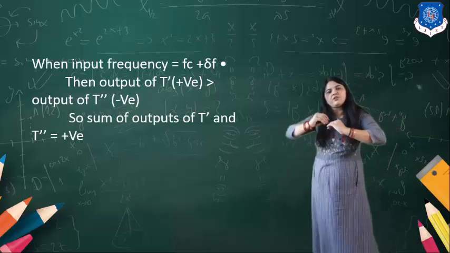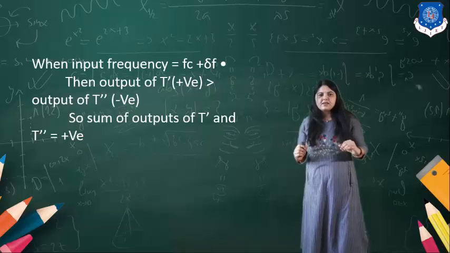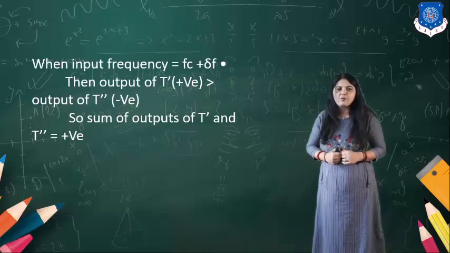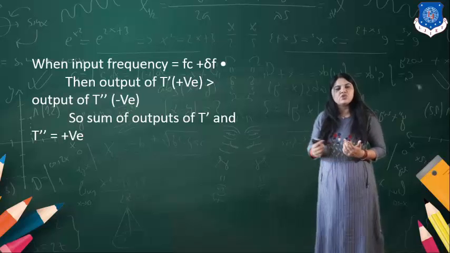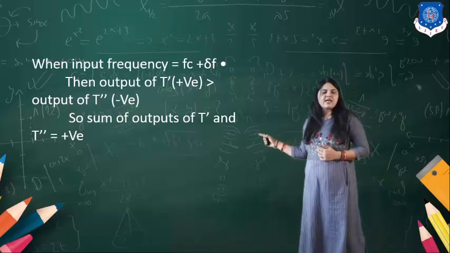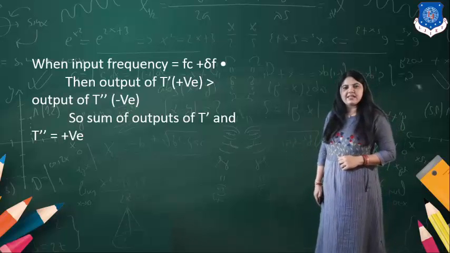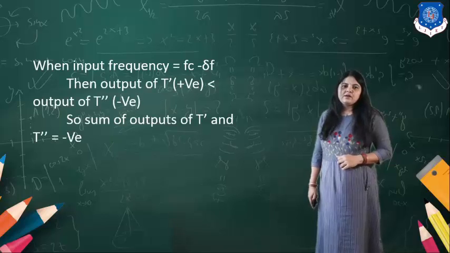The output of the upper end, T dash, is positive, and the output of the lower end, T double dash, is negative, so the sum is positive.